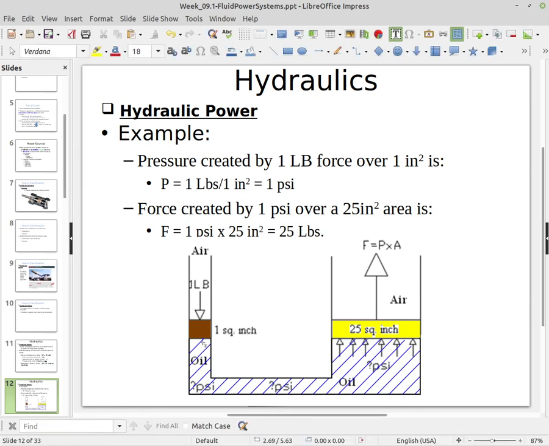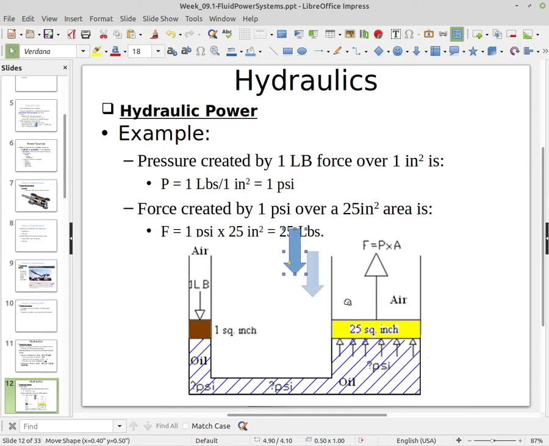But using Pascal's law, that 1 pound per square inch is everywhere throughout this entire cylinder, or this entire system here.